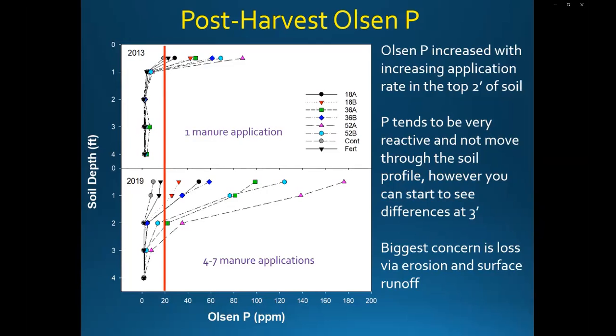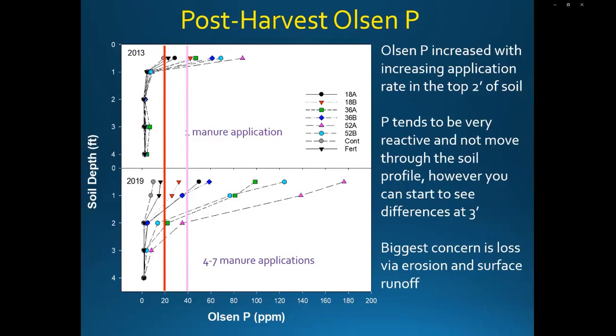So the agronomic rate is usually around 20 parts per million Olsen P. After our 4 to 7 manure applications, all of the manure treatments were above what we would consider to be the agronomic threshold. The regulatory threshold has been set at 40 parts per million, and once you get above that, there is some control as to how much manure you are allowed to apply to any given field.